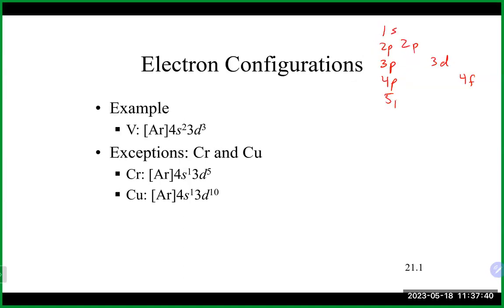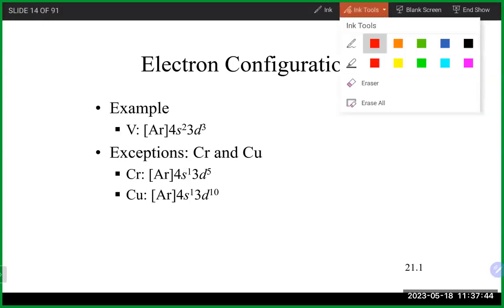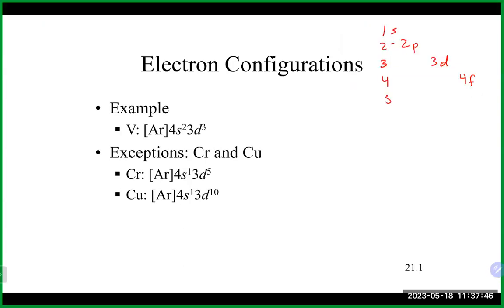So 2s, 3s, 4s, 5s, 6s, and 7s. And then these would be my p's: 3p, 4p, 5p, 6p, 7p, then 3d, 4d, 5d, 6d, and 5f there.